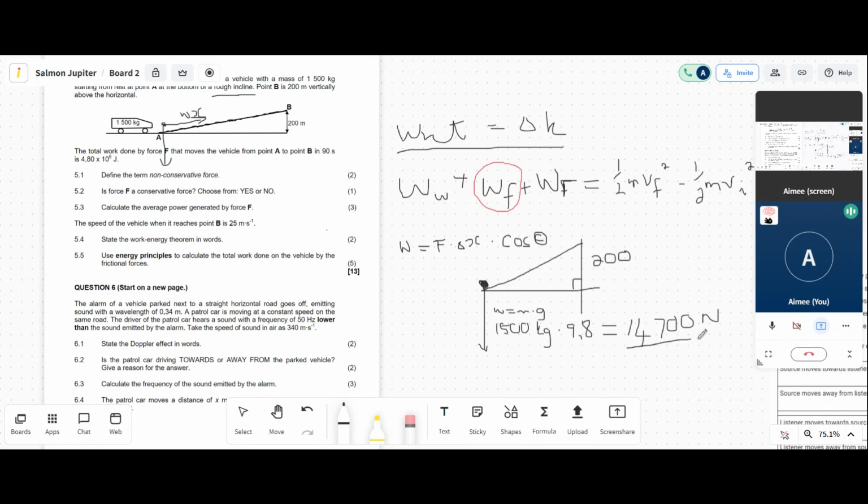We calculated the force value: it's 1,500 times 9.8, which is our 14,700. So, carrying this formula on, we say 14,700 multiplied by change in x.